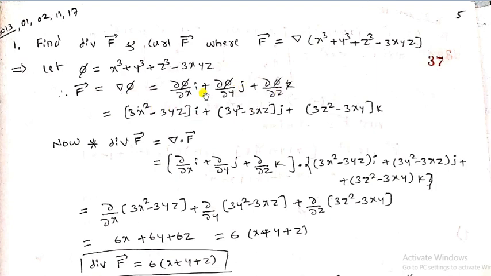So del phi with respect to x is 3x square, and differentiation of minus 3xyz is minus 3yz, into i, plus differentiation of phi function with respect to y, 3y square minus 3xz, into j, plus phi with respect to z, 3z square minus 3xy, into k.